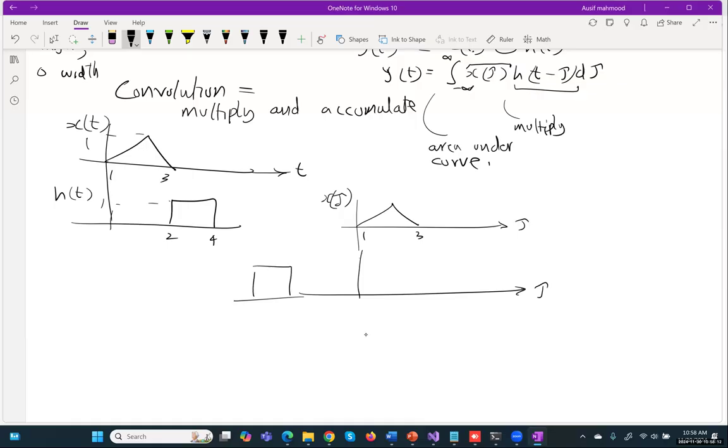So this will go to -2 and -4. So this is our h of minus tau, right? And now once we say h of t minus tau, depending upon t, whatever the value of t is basically provides a shift to it.